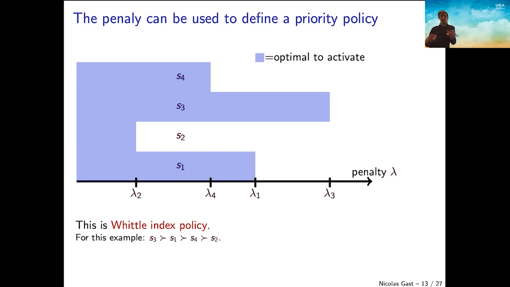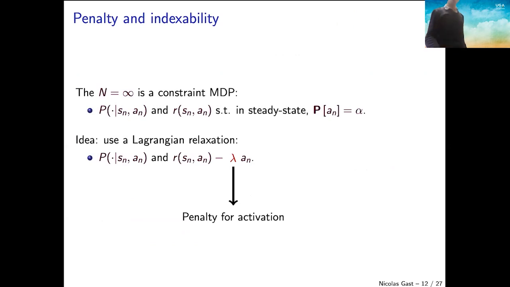And what is really the beautiful idea of these index policies is that here there is no alpha. Remember that I had an alpha in my constraint.